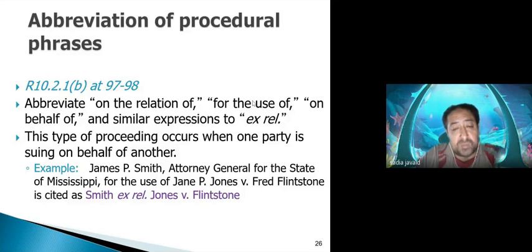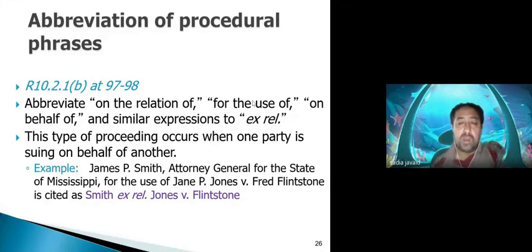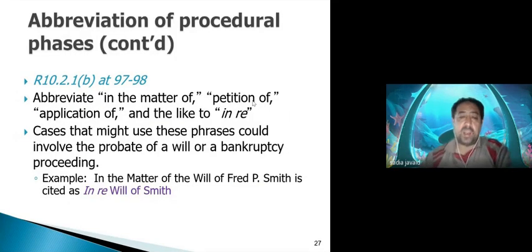Example: James P. Smith, Attorney General for the State of Mississippi, for the use of Jane P. Jones versus Fred Flintstone, is cited as Smith ex rel. Jones versus Flintstone. In this way, you give complete information using abbreviated language.